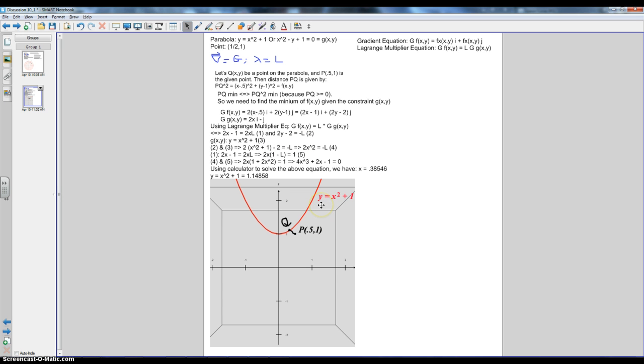Now we will replace the values to find the PQ distance using the distance formula above.